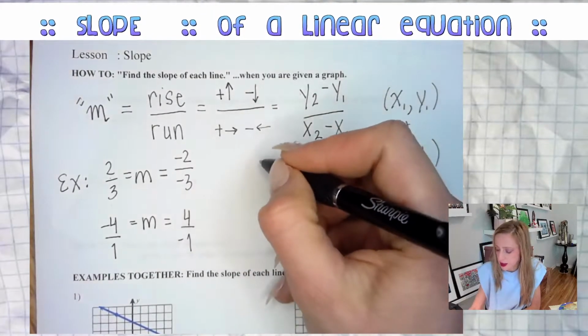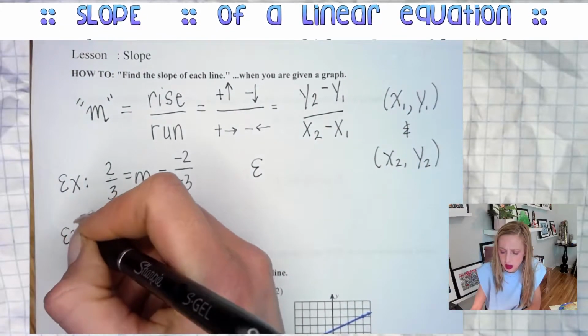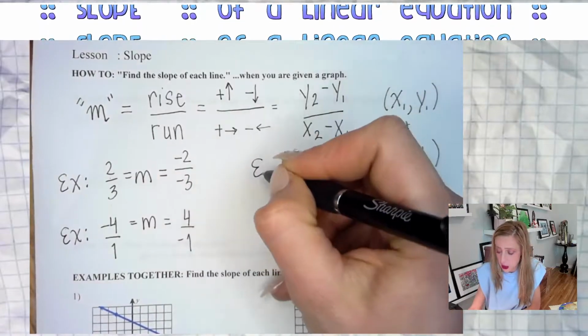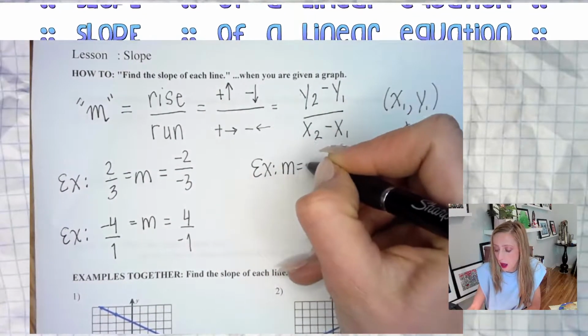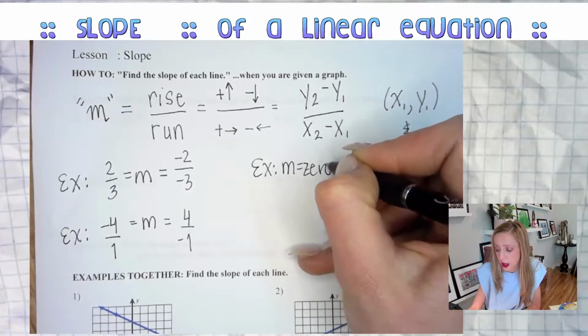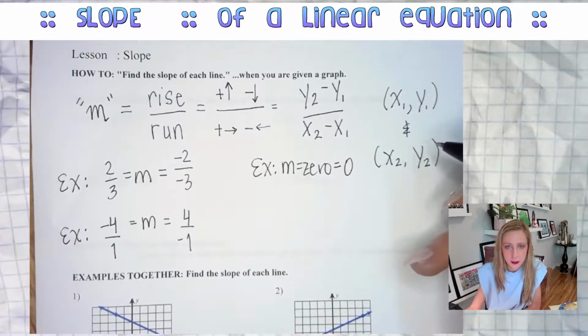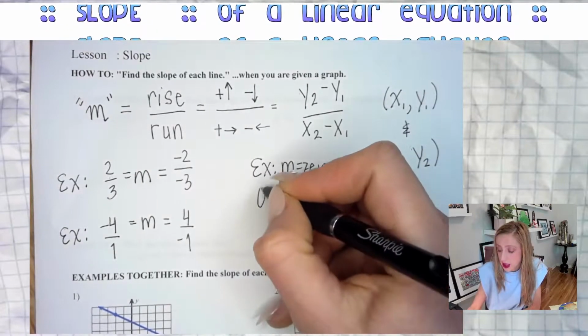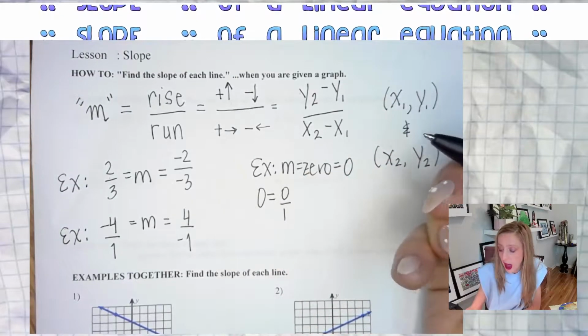A couple other things. These are just a couple little examples, so write down whatever notes you need to, press pause as you need to. If you have a slope of 0, I'm going to write the word 0 first because I don't want you to think it's an O. Well, what is that? 0 is 0 over 1. Think of it that way.